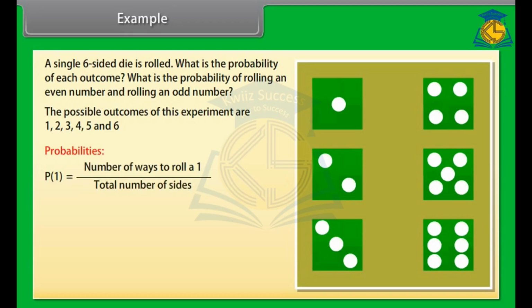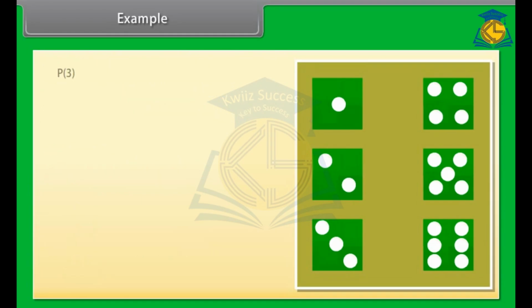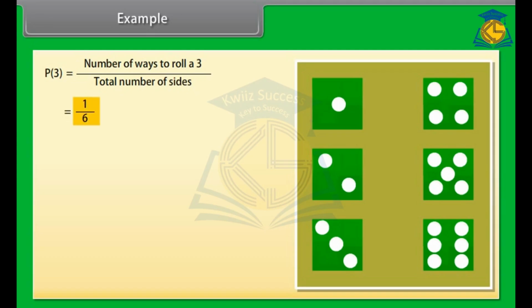Probability of 1 is number of ways to roll a 1 by total number of sides is equal to 1 by 6. Probability of 2 is number of ways to roll a 2 by total number of sides is equal to 1 by 6. Similarly, the probability of 3 is number of ways to roll a 3 by total number of sides is equal to 1 by 6. In the same way, we will find the probabilities of 4, 5, and 6.